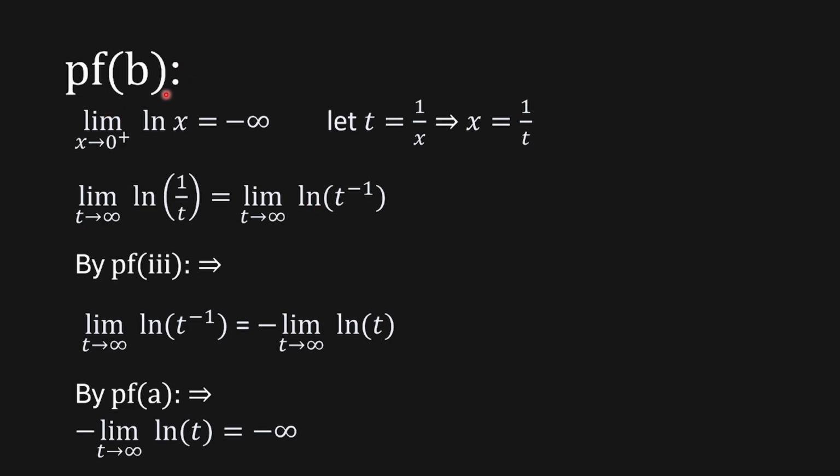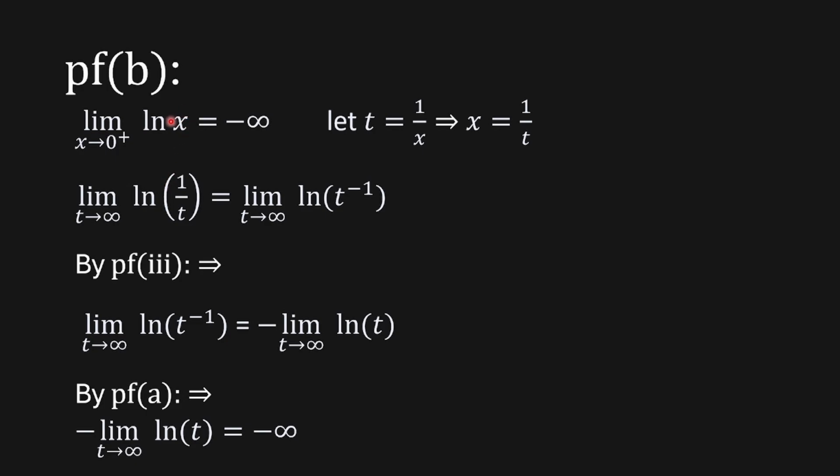Now, proof of B. The limit as x approaches 0 from the right hand side, denoted by this positive, of ln x is equal to negative infinity. Let t equal 1 over x, or x equals 1 over t, right? These are the same thing. So let's make those substitutions for x. Whenever t is equal to 1 over x, and we're trying to get x really close to 0, t will be approaching infinity. So we can rewrite this limit as t approaches infinity instead of 0.